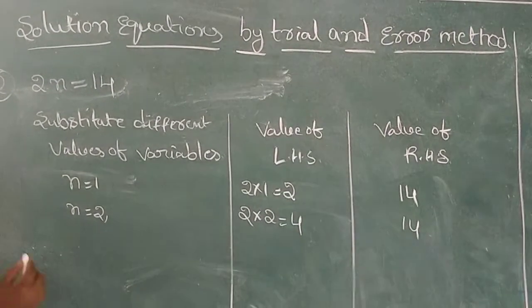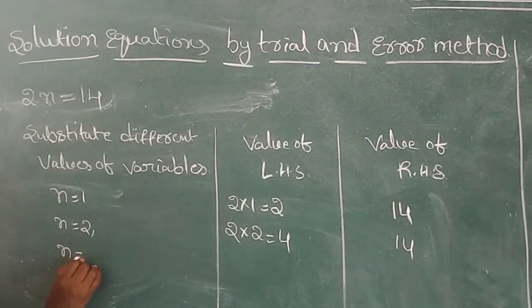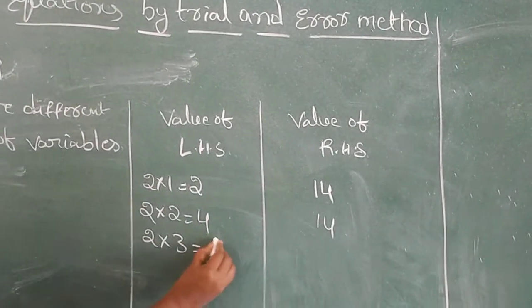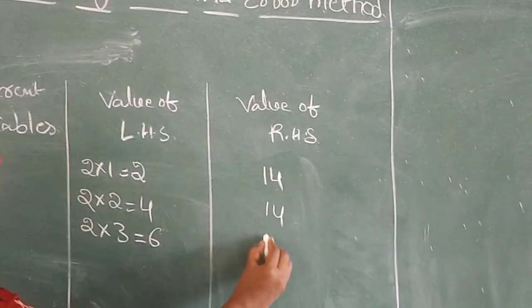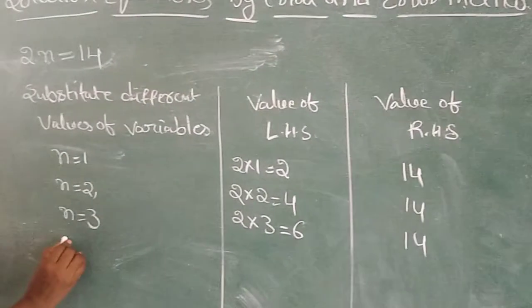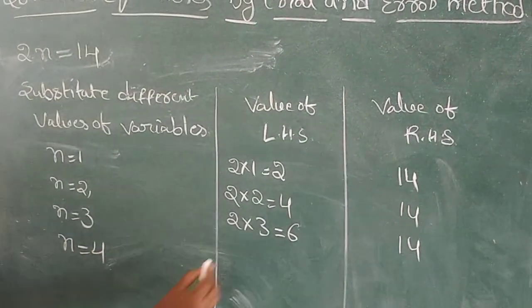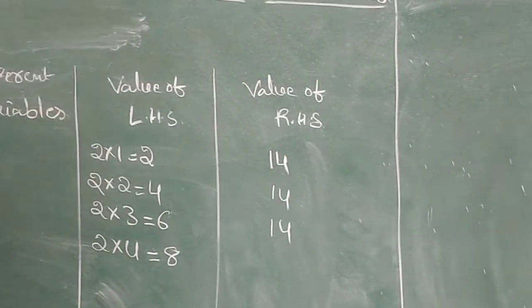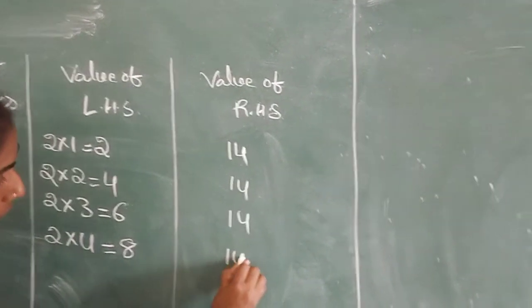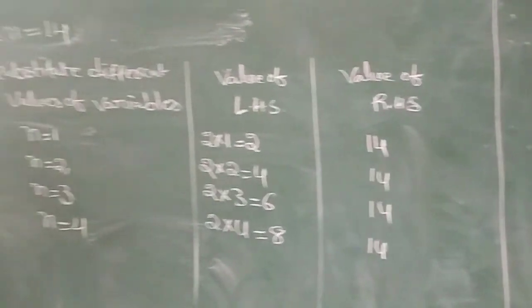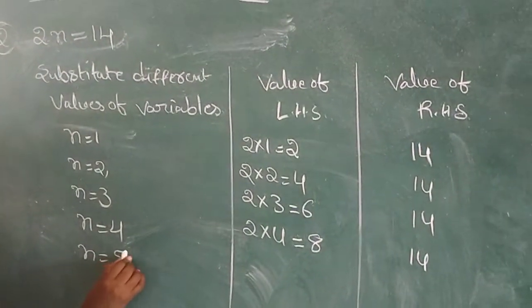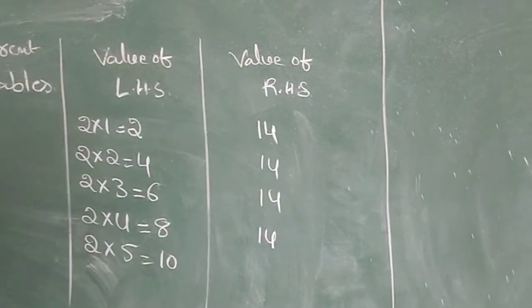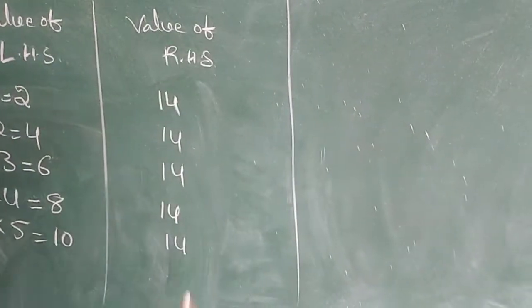Now, n is taken as 3, 2 into 3, 2 threes are 6, RHS 14. N is taken as 4, 2 into 4, 8, RHS 14. N is equal to 5, 2 fives are 10, RHS 14.